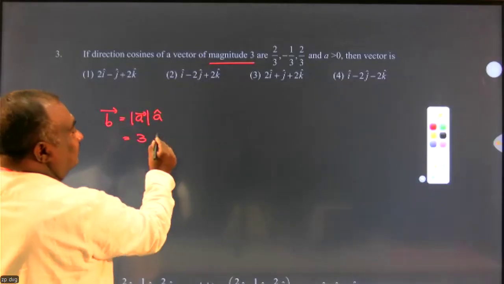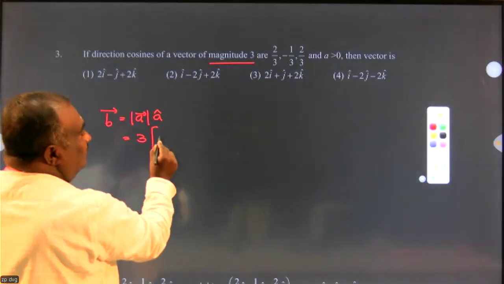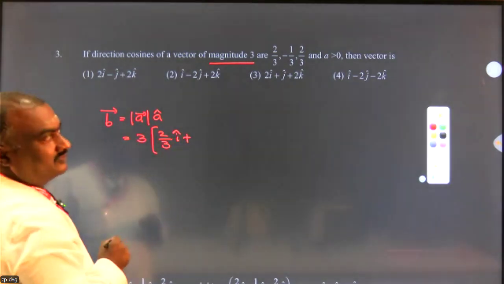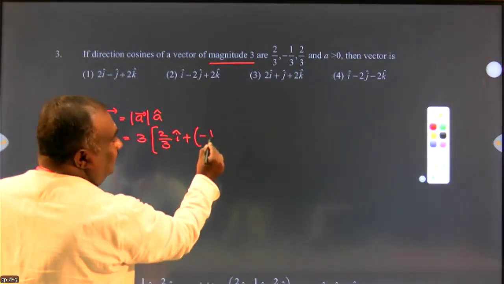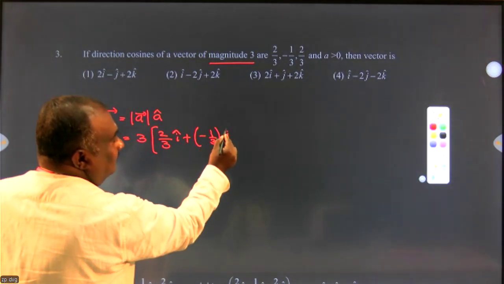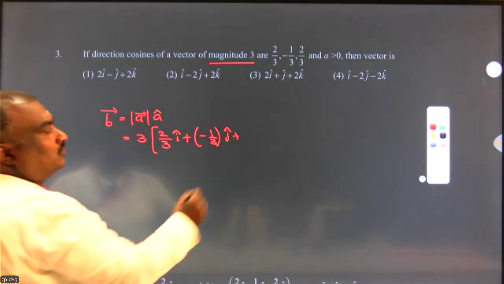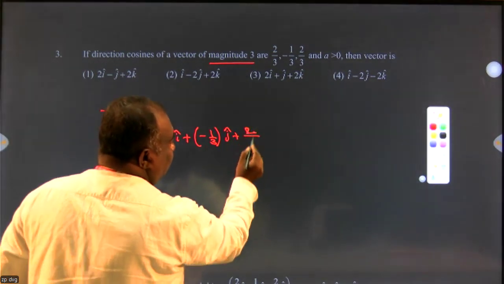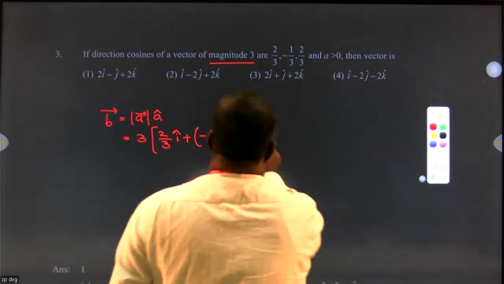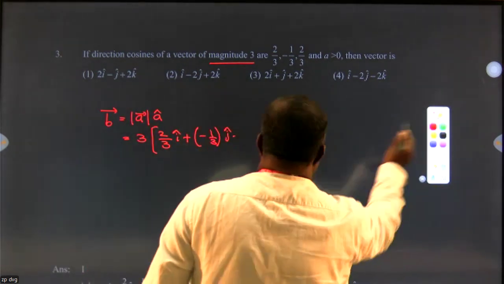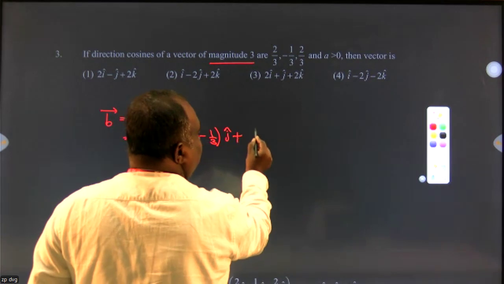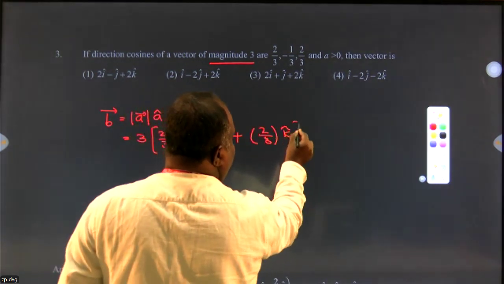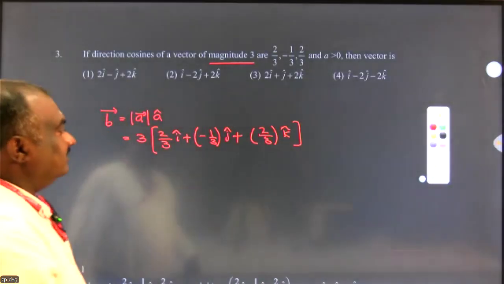A cap means, just now we have discussed, no? Cos alpha, what is given? 2 by 3 i plus minus 1 by 3 j plus 2 by 3 k. Now here take the LCM.